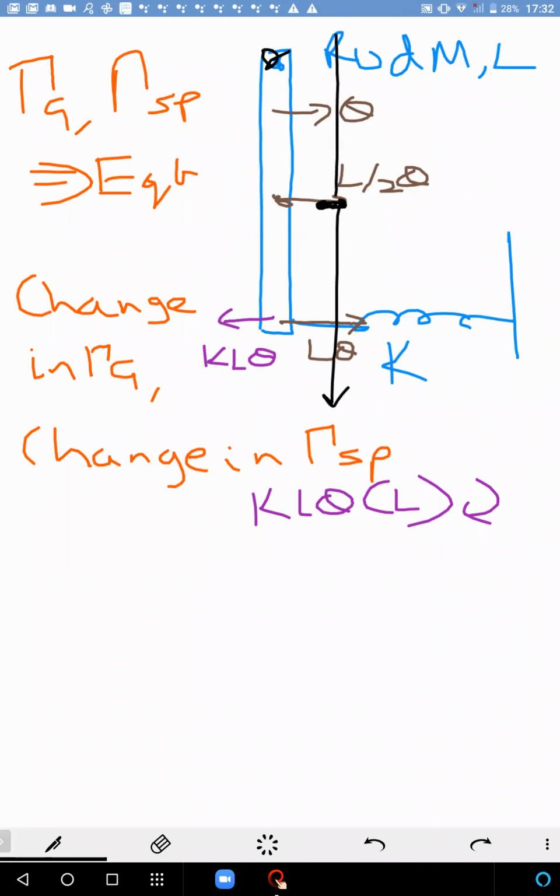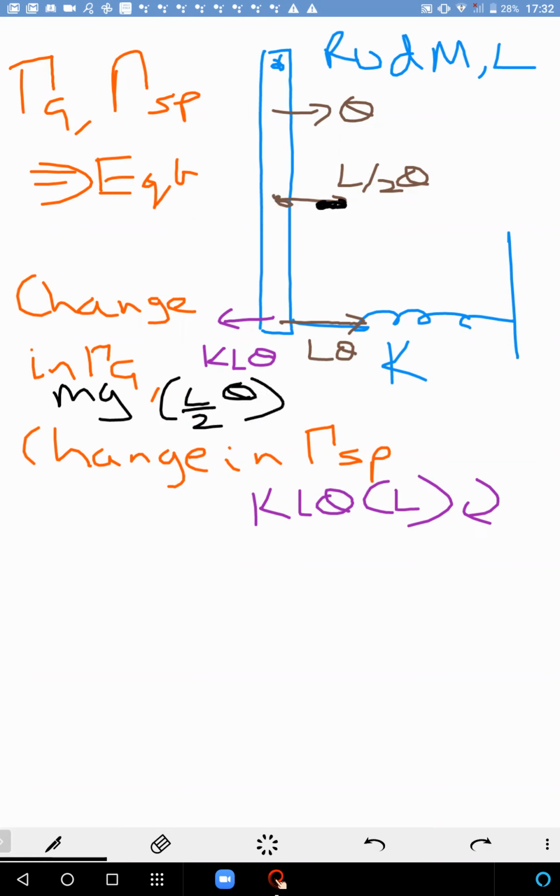How much is the lever arm? It is L/2 theta. So the change in gravitational torque is mg into the change in lever arm. The lever arm has moved towards the right by L/2 theta. So mg L/2 theta is the change in gravitational torque, and this is also rotating it clockwise.